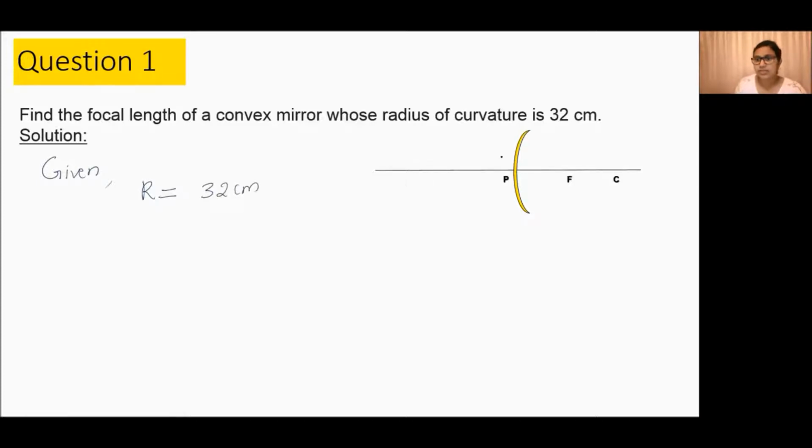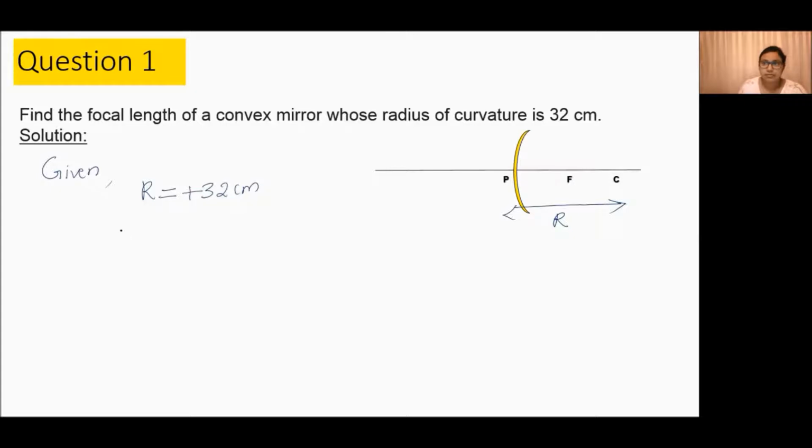Is it positive or negative? For a convex mirror, this gives the radius of curvature. All distances measured to the right of the mirror are taken as positive. So let us say R is positive.